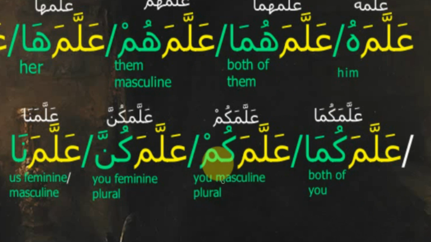The m here is for plural masculine. علمكن, he taught you, feminine plural. This n here indicates the feminine plural. So علمكن.